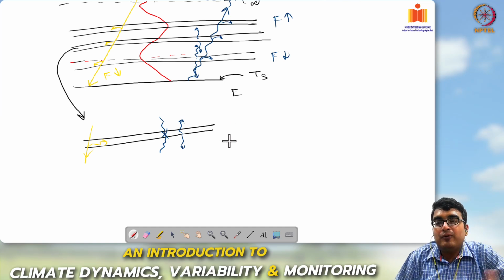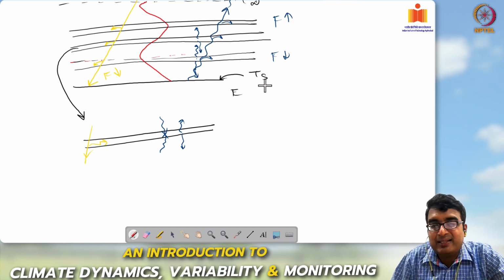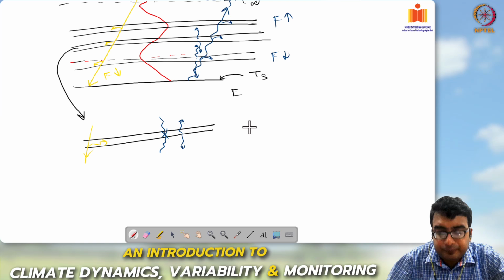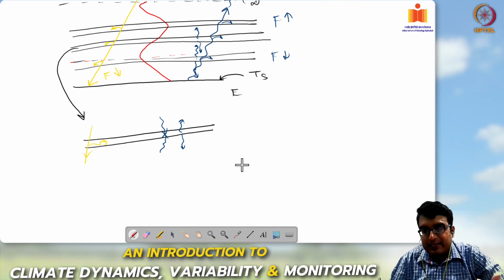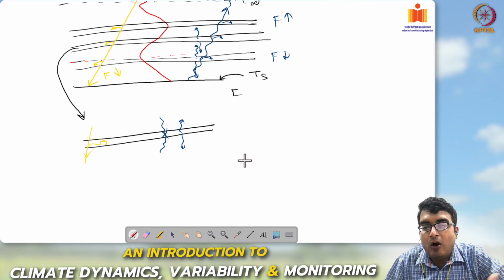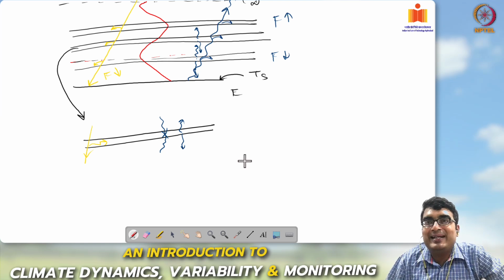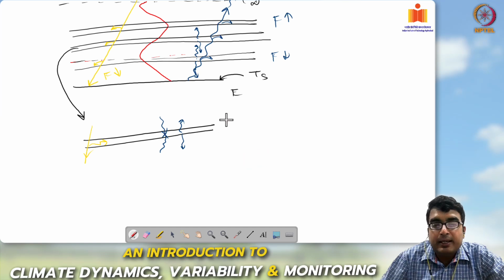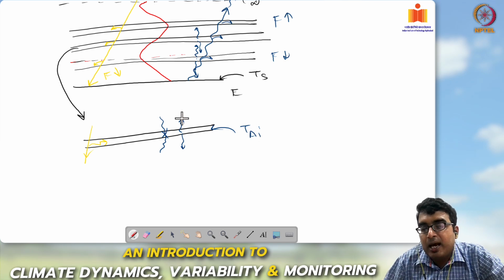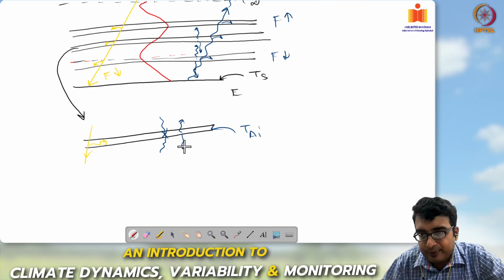If you recall from basic thermodynamics, the temperature of any gas is primarily dependent on the energy that is coming into the system and going out of the system. The temperature of this layer, say TAI, determines how much radiation it is emitting, correct?